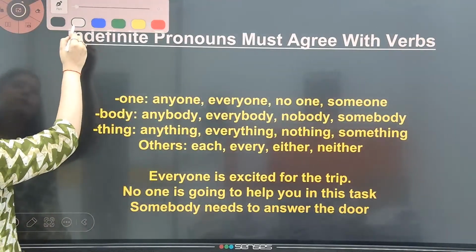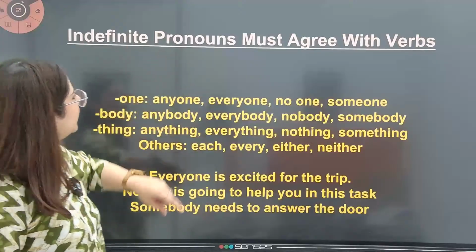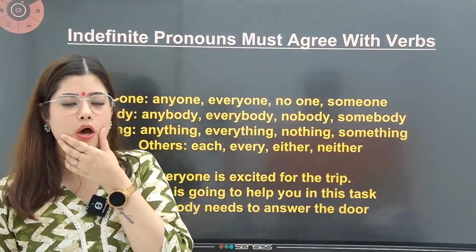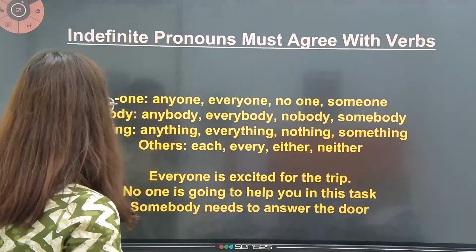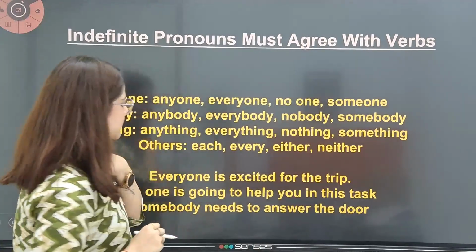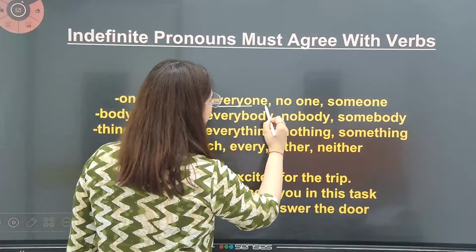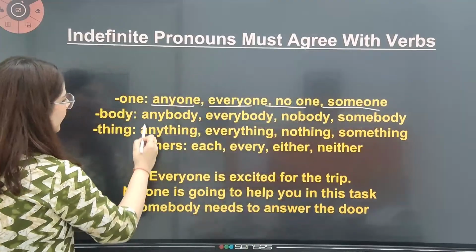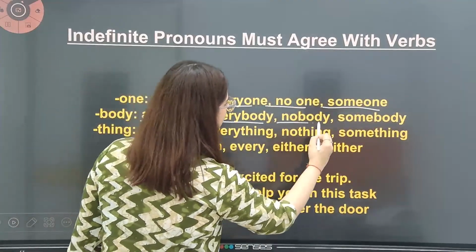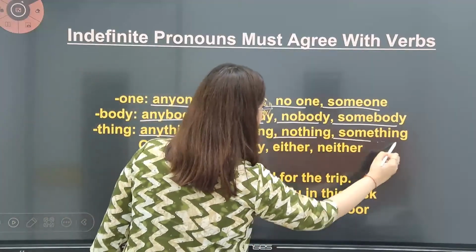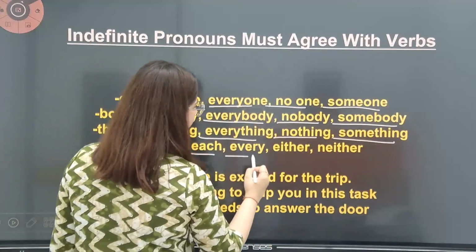Next rule, indefinite pronouns must agree with verbs. What do we mean by that? Indefinite pronouns like anyone, everyone, no one, someone, anybody, everybody, nobody, somebody, anything, everything, nothing, something, each, every, either, neither.